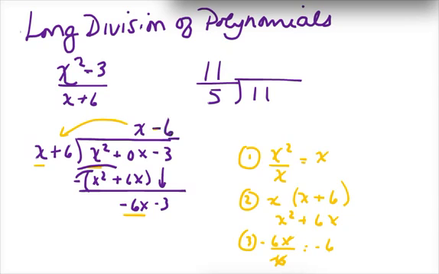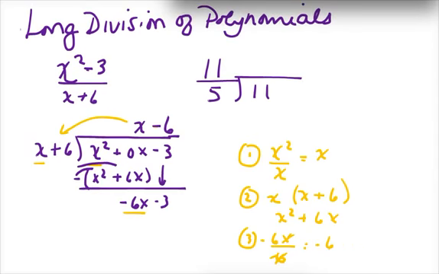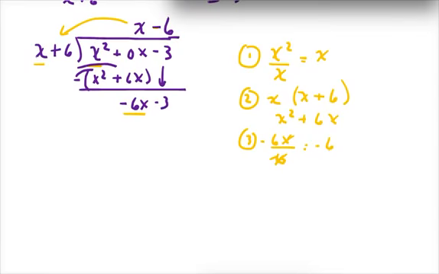So negative 6, and then multiply. You're going to multiply negative 6 times x plus 6, and you're left with negative 6x minus 36.